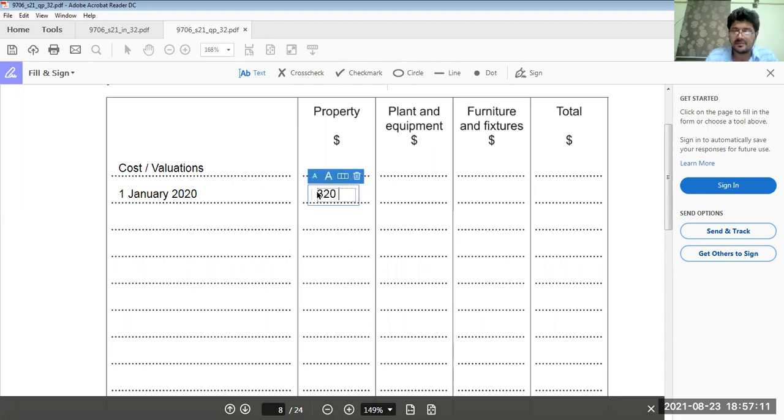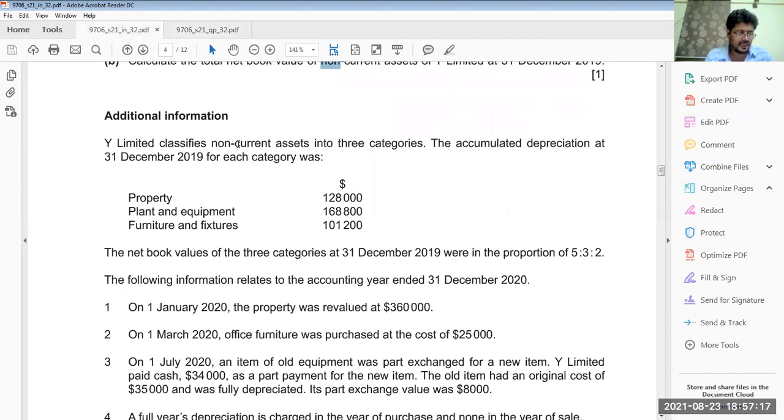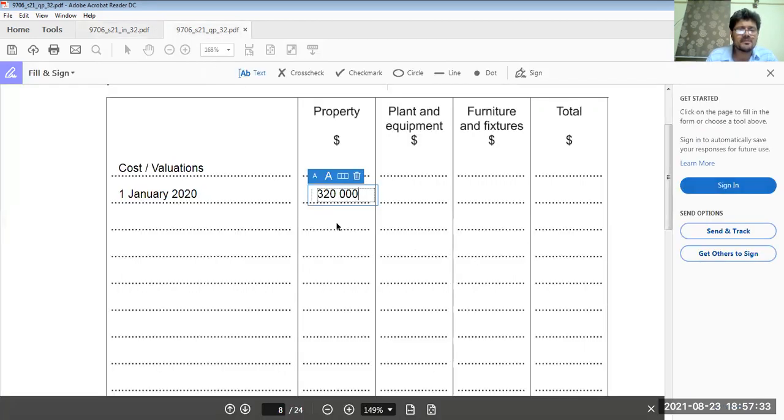320,000. Okay. Now see, for plant and equipment, that was 384,000 multiplied by 3 divided by 10, 115,200, plus 168,800. That is 284,000, the value of plant and equipment. 284,000.